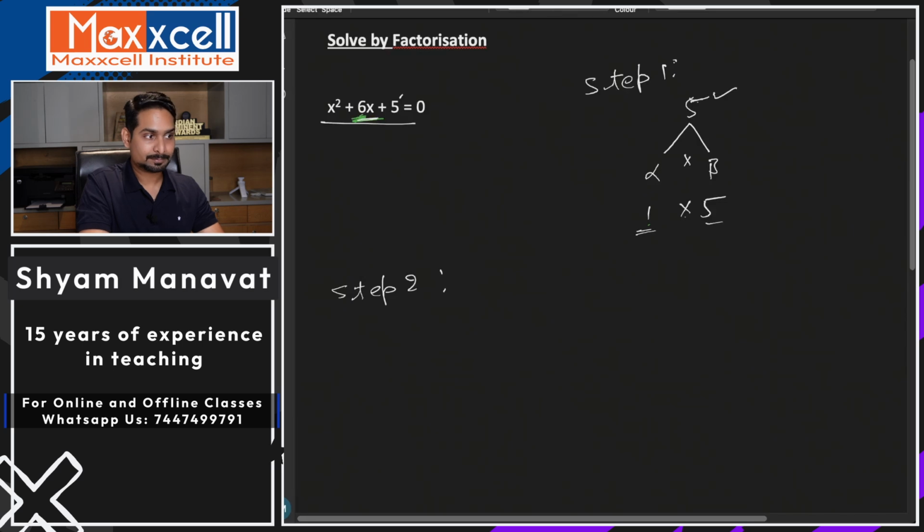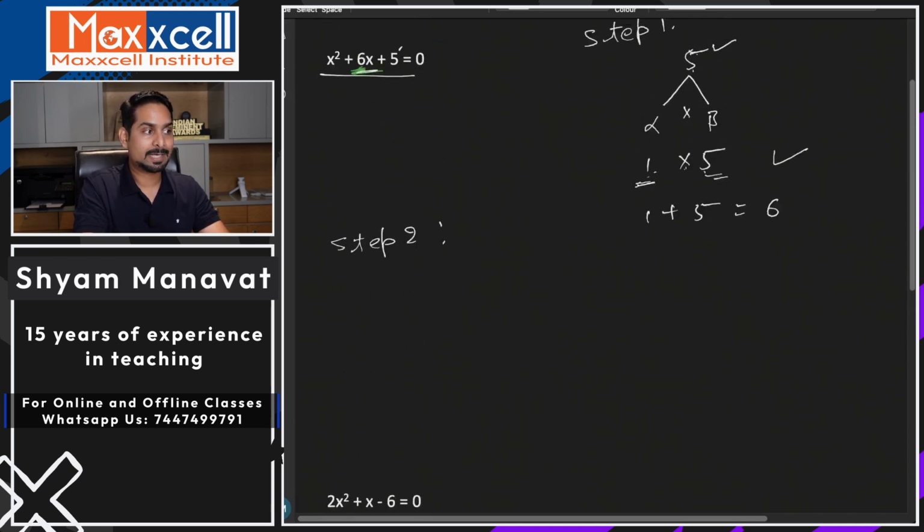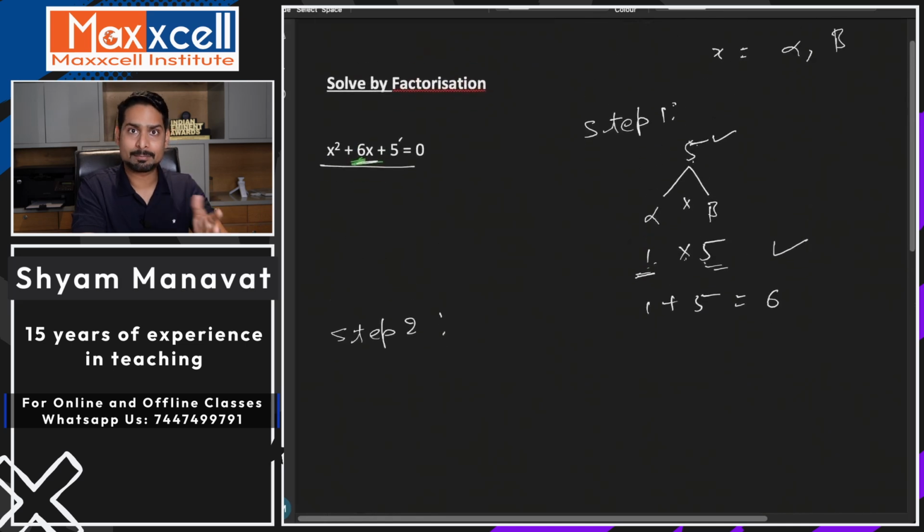You have already done the test where you divided the constant into two parts whose product is the constant again, and when you add both you get the coefficient of x. If this is not happening, then you are going the wrong way. Don't worry, we are going to solve many more equations, so I will explain again with a new example. Stay with me. So 1 plus 5 is 6.